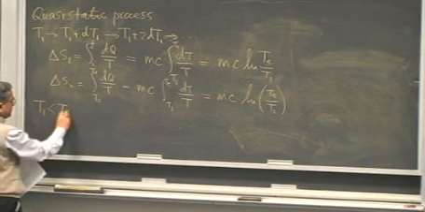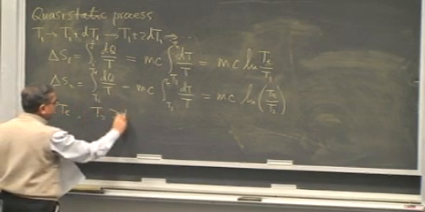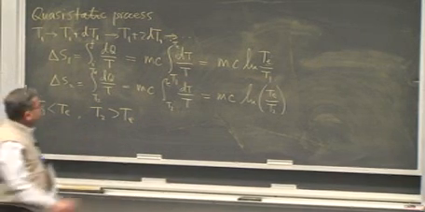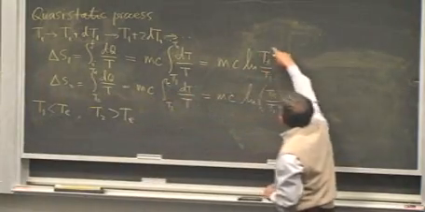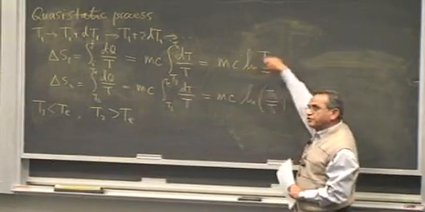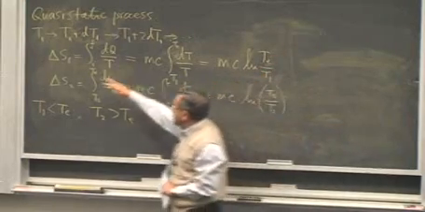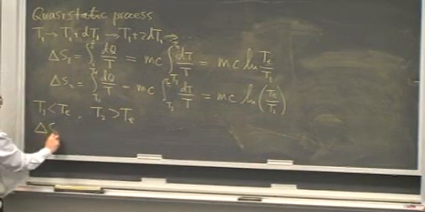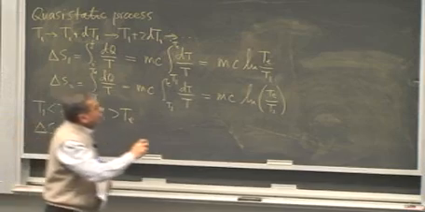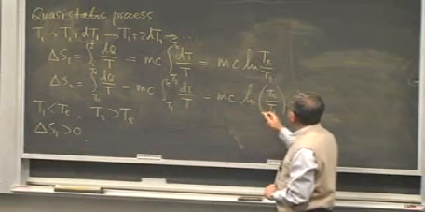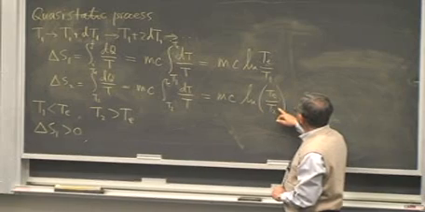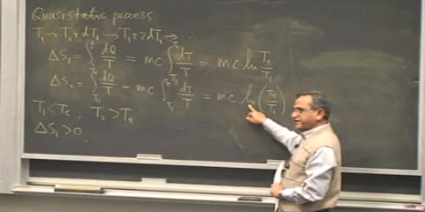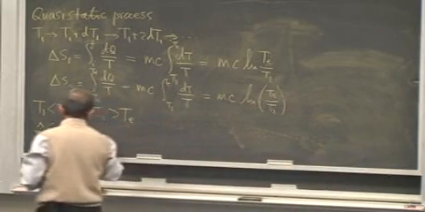So T1 is less than Te and T2 is greater than Te. Because T1 is less than Te, this quantity is greater than 1, therefore the log of this quantity is positive, therefore delta S1 is positive. In this case, Te is less than T2, so this is less than 1, and the log of less than 1 is negative, and therefore delta S2 is negative.